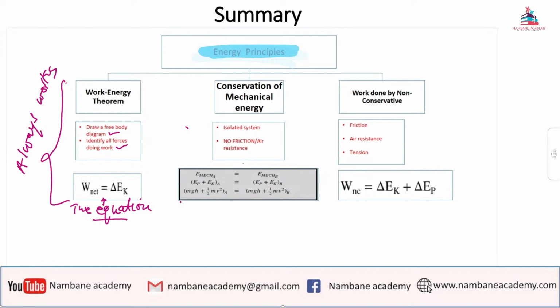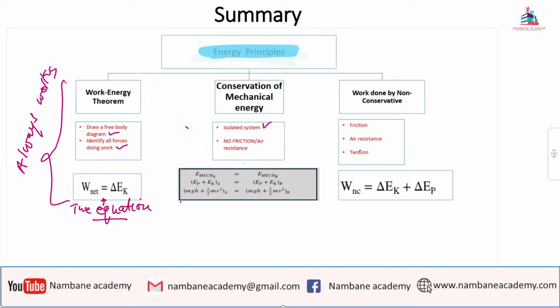But now I still have the other two options and I don't want confusion in the exam or in a test. Conservation of mechanical energy: I must know now the definition, or stating it, the total mechanical energy in an isolated system is conserved. So what must the examiner do? The examiner can either tell me that the system is isolated.